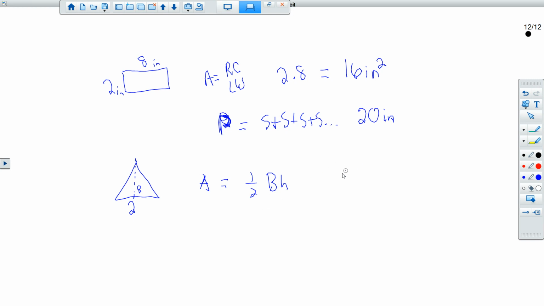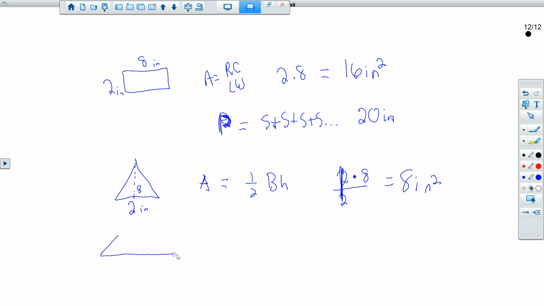Okay. So when I put in the numbers, the base is a 2 and the height is an 8. What if I divided that by 2? Couldn't I just mark that out and it equals 8? Let's call these inches. Inches squared. Pretty cool.